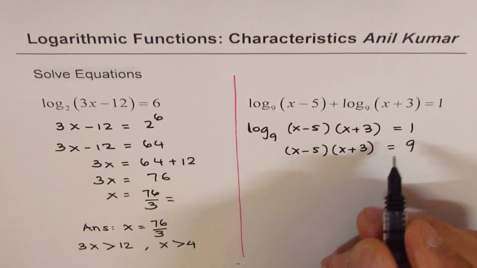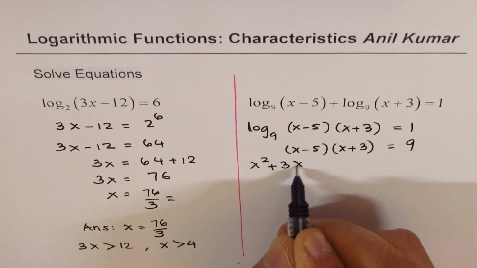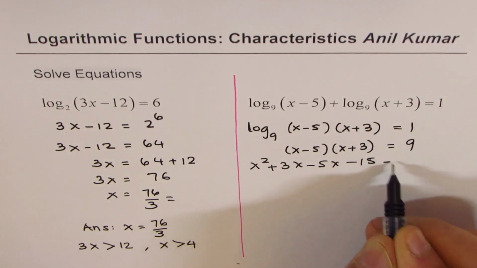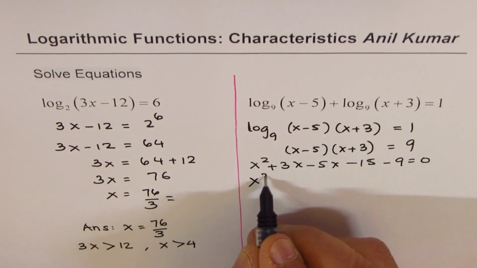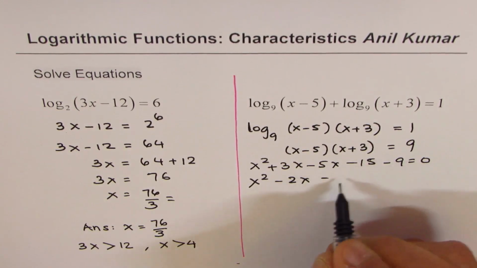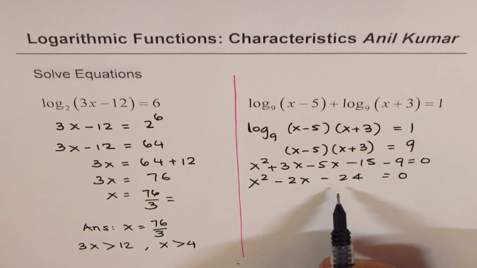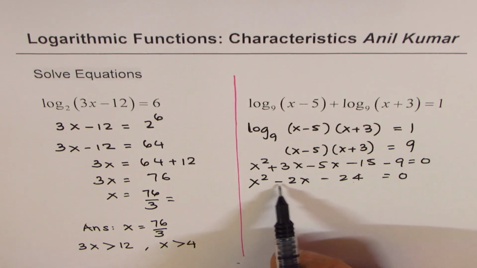Let's open the brackets and simplify. That gives us x squared plus 3x minus 5x minus 15, bringing 9 to this side, minus 9 equals 0. That is x squared minus 2x minus 24 equals 0. So we are looking for two numbers whose product is minus 24 and whose sum is minus 2.